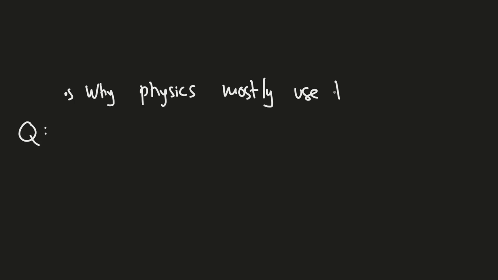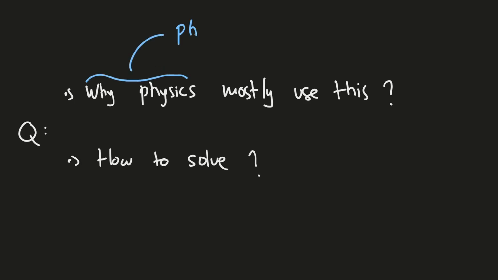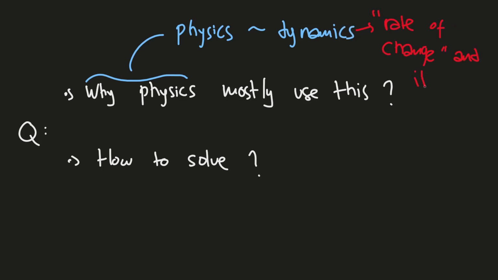And now we have two questions. First, why does physics mostly use these, and second, how do we solve these equations? The answer to the first question is that physics relates to dynamics, which is the rate of change of something and its factor.